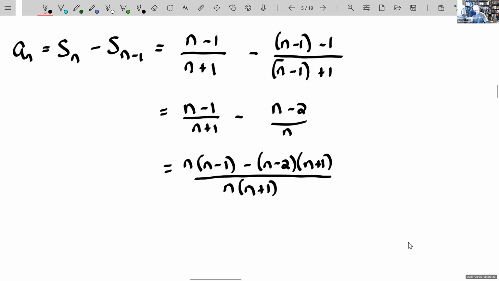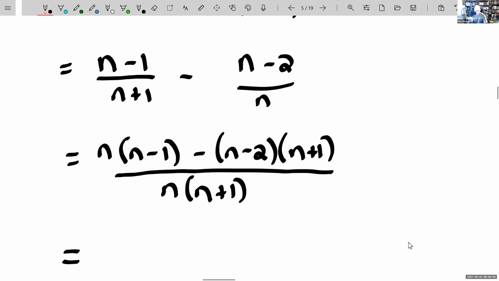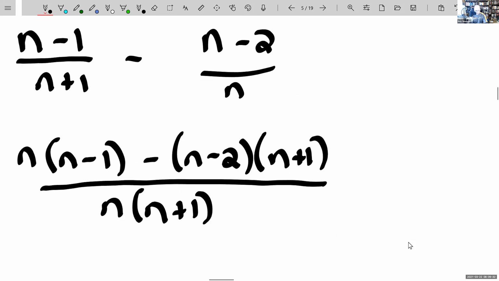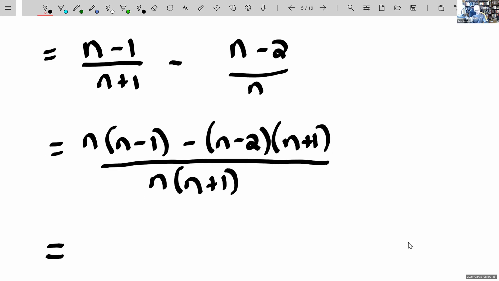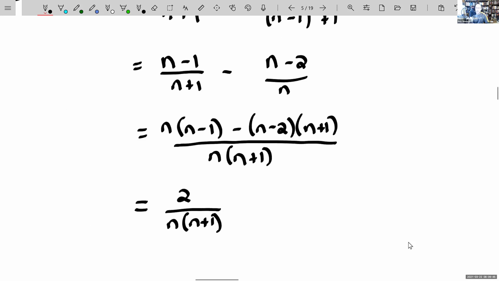And you can combine things up. That'd be an n squared minus an n squared in the numerator. Minus 2n plus 1, so it's a minus n plus n. Oh, the n's even cancel. That's kind of nice. And so you get down to negative 2 over n times n plus 1. Check my mathematics there, but I think that's right.